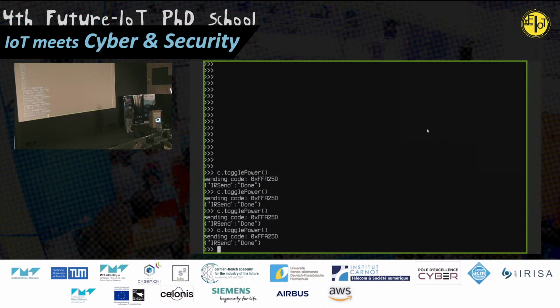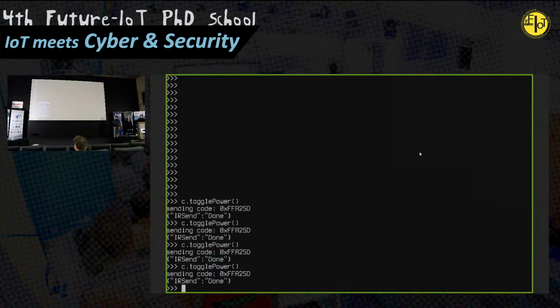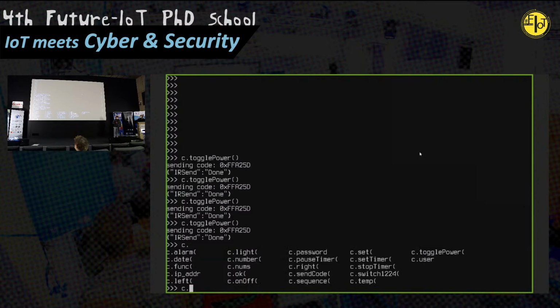We have all of the functionalities that are on the remote control, as you see with the autocomplete. And we have also the opportunity to do something like automation. Like for the set time, you need to use different buttons in succession.